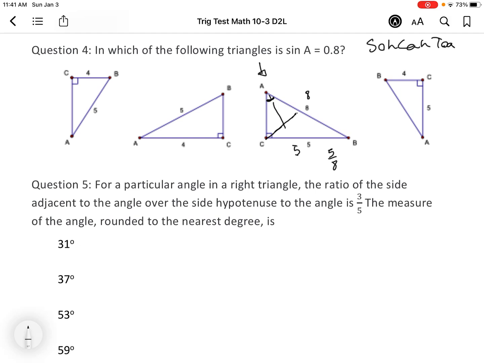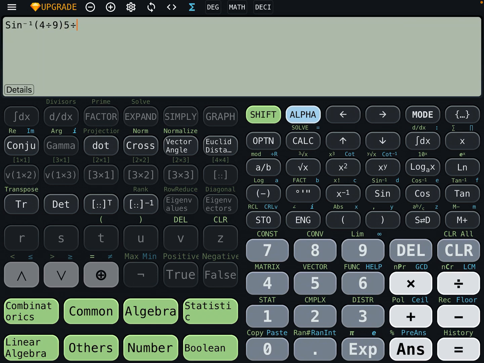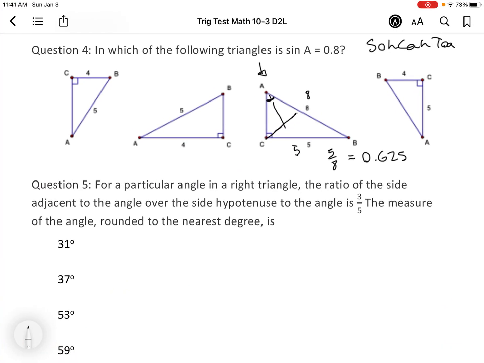If you put that into your calculator, 5 over 8 is actually 0.625. You could do that by just going 5 divided by 8. Oh, whoops, I have to clear that. Sorry. 5 divided by 8 equals 0.625. So that's not going to work. So it's not this one.